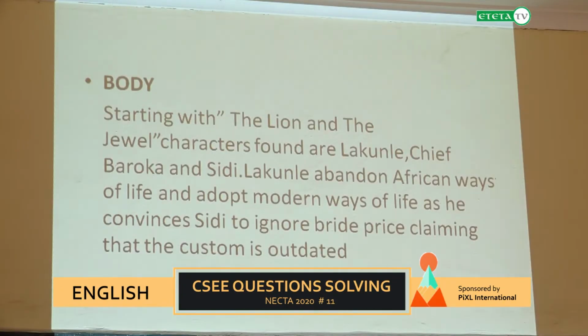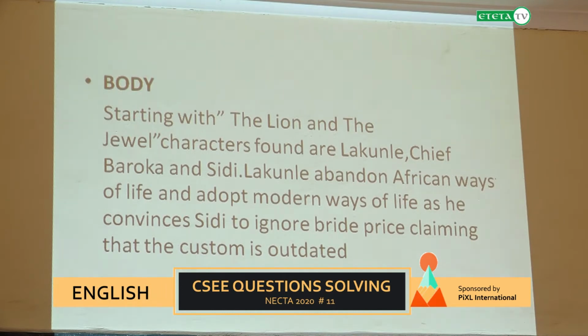How? You said that the man abandoned African ways of life. You need to tell us how. The question is stating how the issues are portrayed. So right from the single point you need to show 3 factors: identify the character, state the issue portrayed, and show how the issue has been portrayed by that particular character. It's a single point, my dear students.